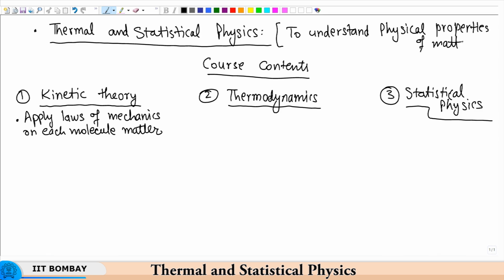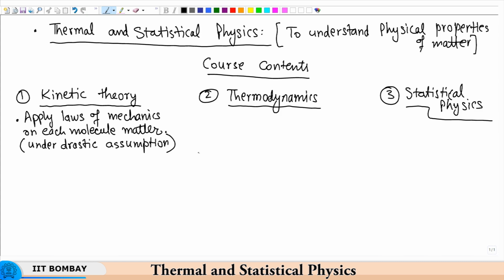So, that is what this course is all about, and we are always interested in matter, which is a collection of many molecules. And you might ask, am I contradicting myself, because I just said that it is very difficult to keep track of every individual molecule, right. But it turns out when we deal with kinetic theory, we make drastic assumptions, which we will talk about, right.